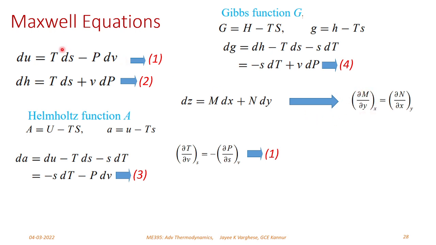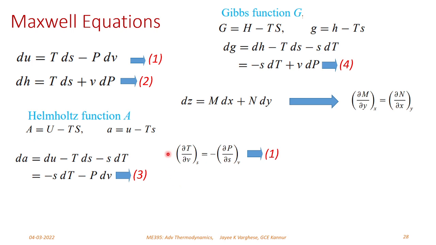So, from the first relation, we can write ∂T/∂v at a constant s is equal to ∂p/∂s at a constant v. There is a negative sign also, so ∂T/∂v at a constant s is equal to minus ∂p/∂s at a constant v.